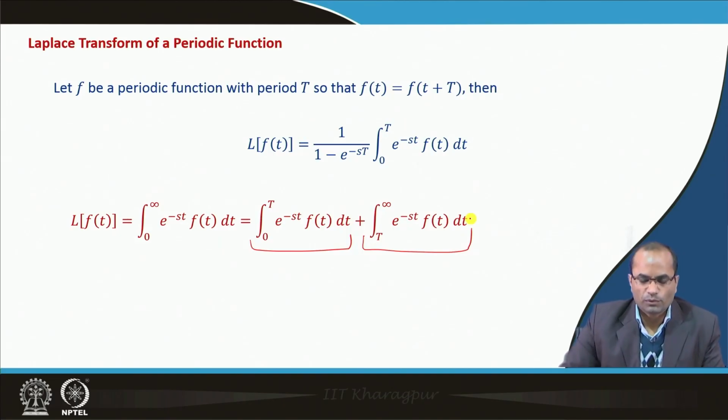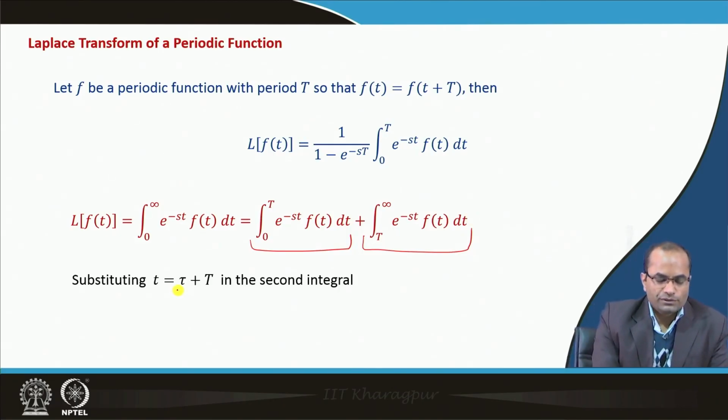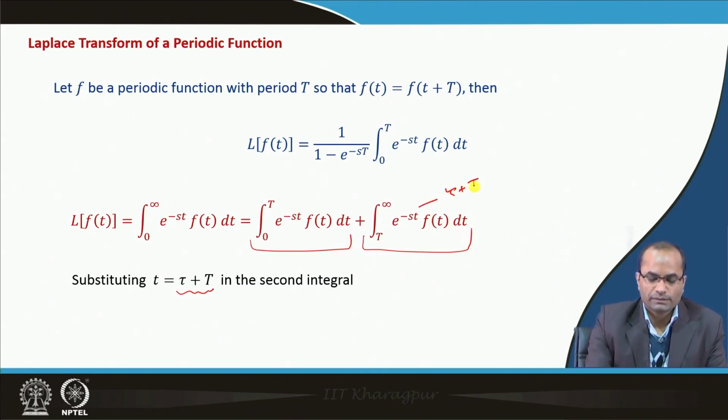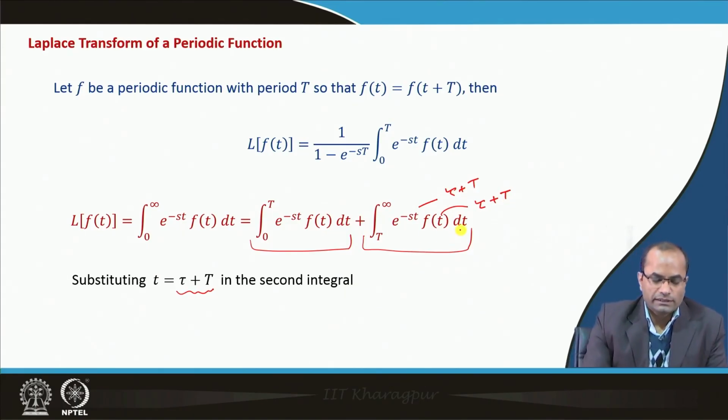That is the usual property of an integral, and then we will substitute t is equal to tau plus capital T in this second integral. That means, here t will be replaced by tau plus capital T, and dt will be d tau, and then the limits.